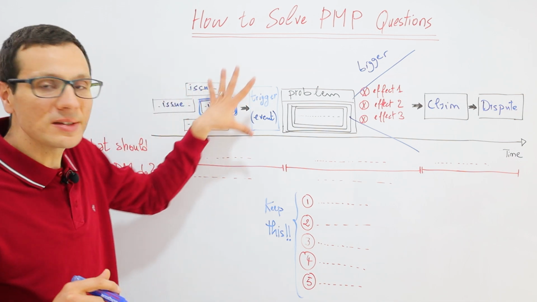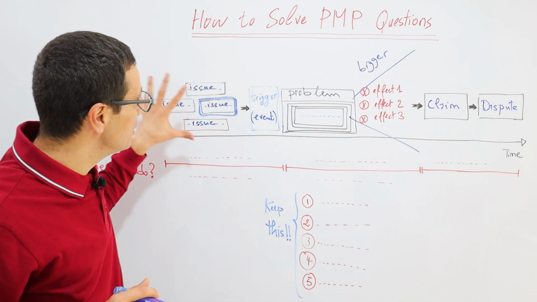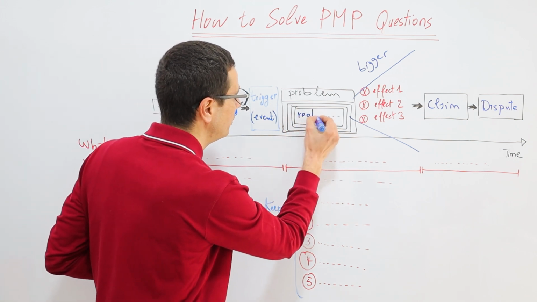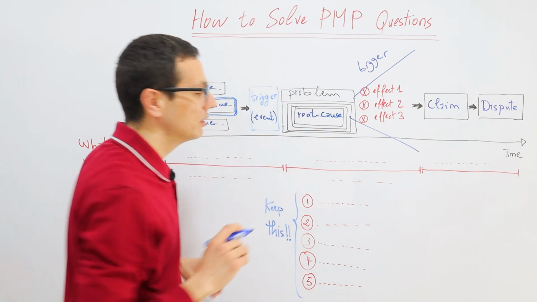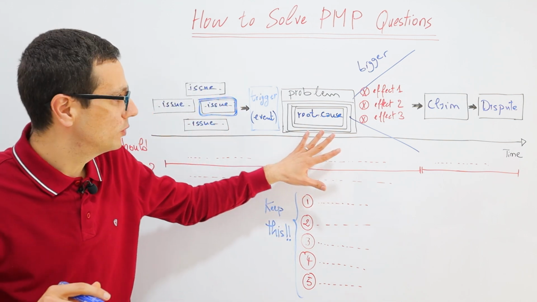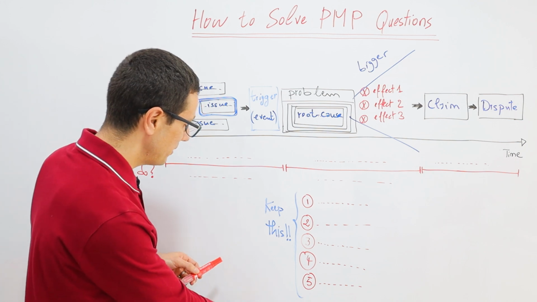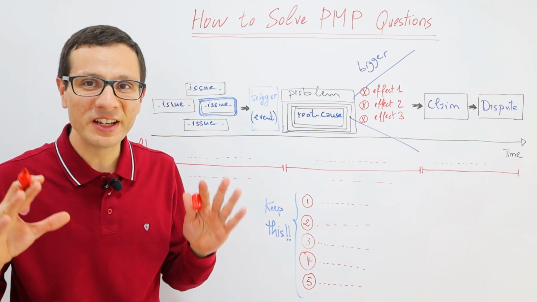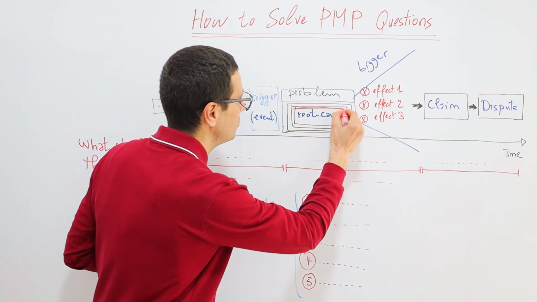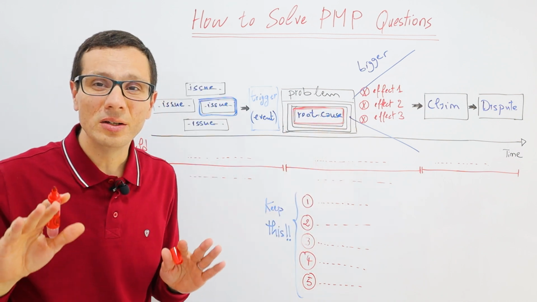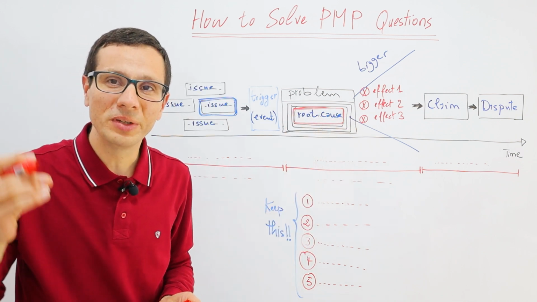Sometimes we cannot see the root cause among these issues, and we need to dig further until finding the root cause of the issue. So here I want you to understand something, that whenever you face an issue, try to identify this. That's a key for every single PMP question.